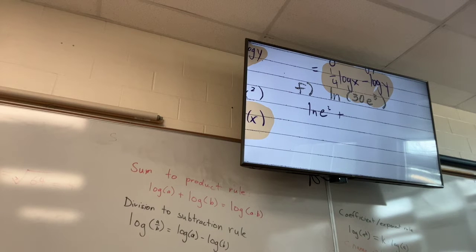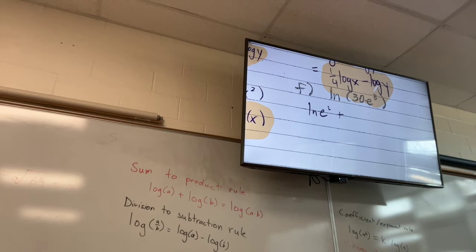There's no x here, so we got the first part. So this is 30 times e cubed, right? What can we do when there's a product inside of a logarithm? It's not the change of base.